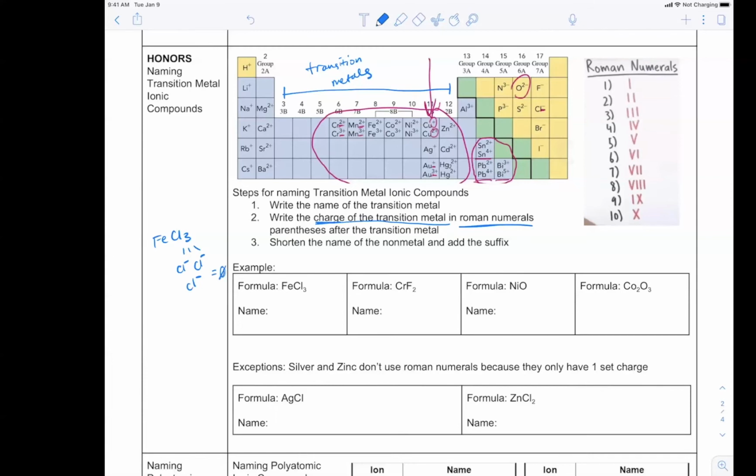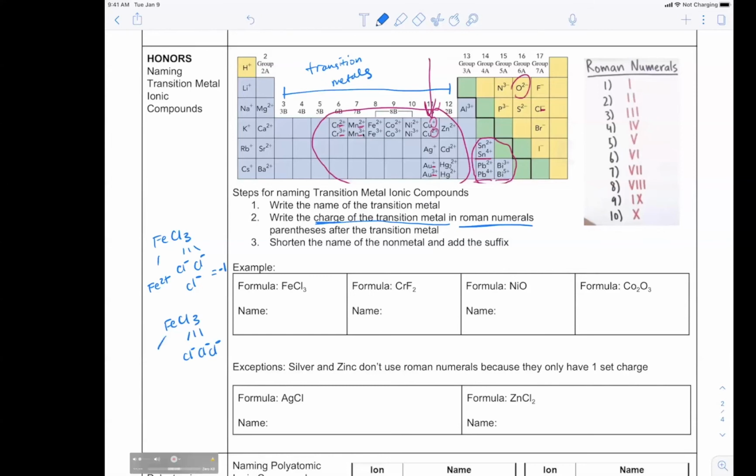And the trick is, remember, all ionic compounds have to have their ionic charges add up to 0. So if you look here, if I chose iron 2+, you can see it doesn't add up to 0. It adds up to -1. Right? But if I chose the other iron, so same thing, Cl-, Cl-, Cl-.